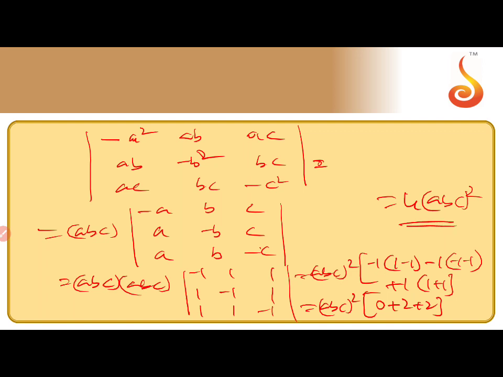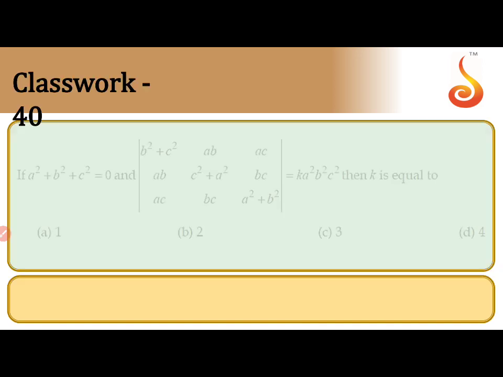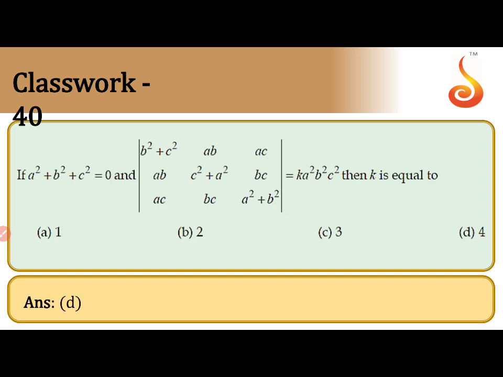They are given as k into abc whole square, so the k value is 4. First row a common, second row b common, third row c common, then columns, giving abc whole square, and simplify the determinant to get the answer. So the answer is k equal to 4.